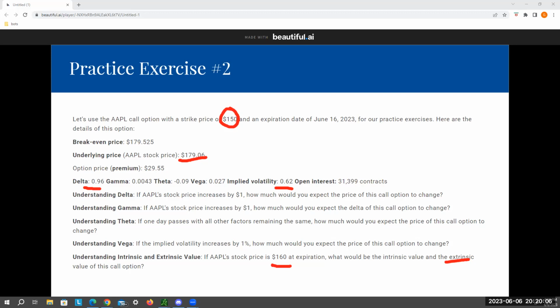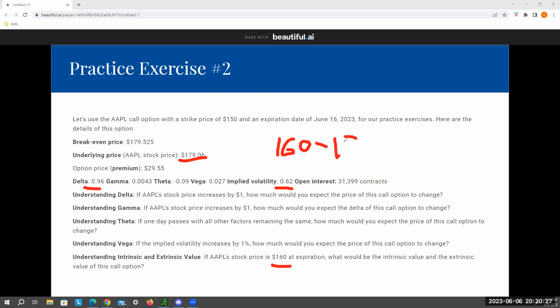Okay, so I will tell you the answer now. You will subtract the 160, which is the current stock's price, minus your strike price. Correct. So to get your intrinsic value, you subtract your strike price from the current asset's value. Why?